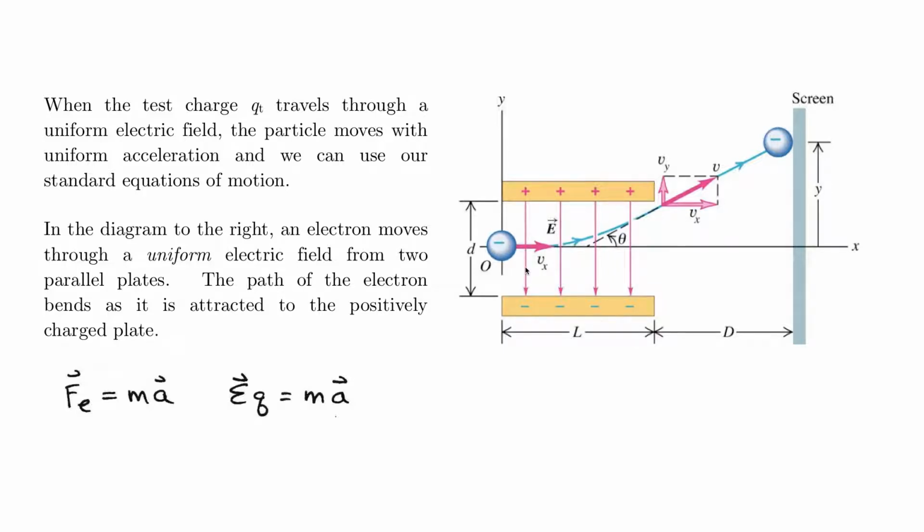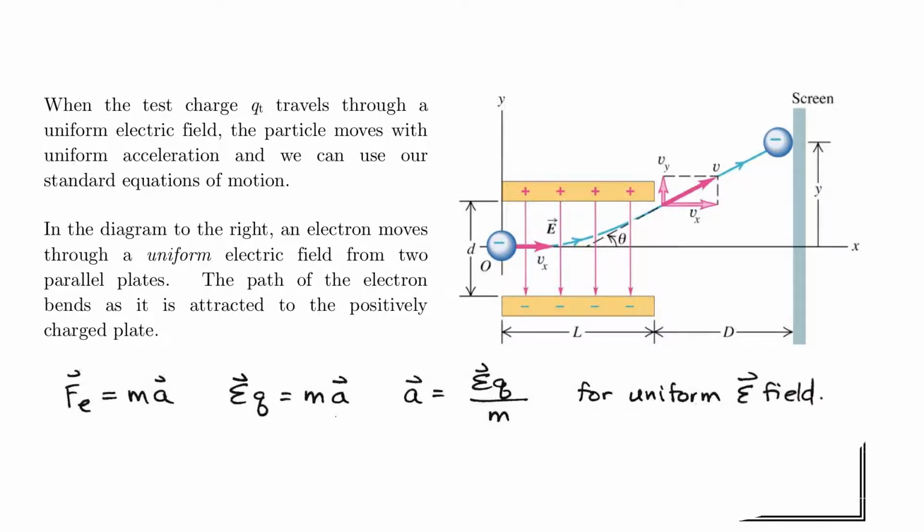So here's the electric field, here's the particle, and this is the force. Very nicely, this can be written as the acceleration being the electric field times the charge divided by m. This is only for one of these types of fields, and that's why I divided this lesson up into 3 parts, just to make that a little bit more concrete.